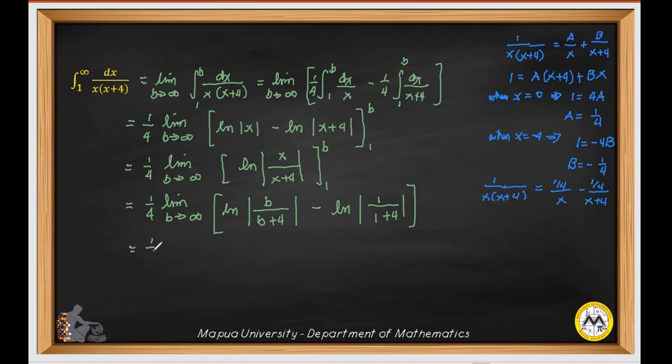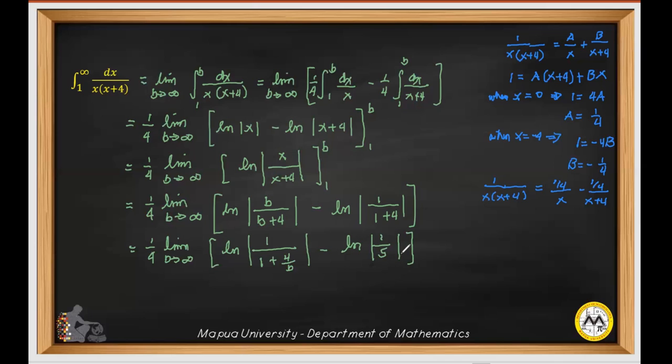So that will give us 1 over 4 times the limit as b increases without bound of the natural logarithm of, dividing b by b will give us 1 over 1 plus 4 over b, minus the natural logarithm of 1 over 5.